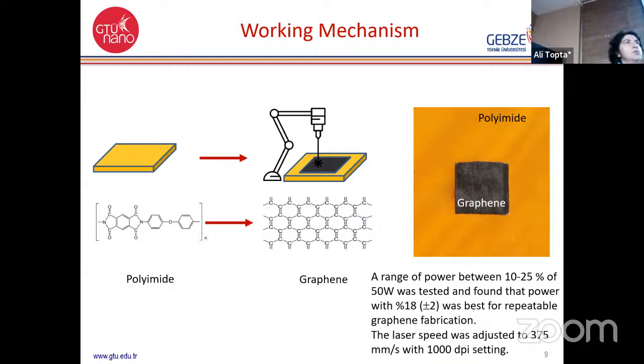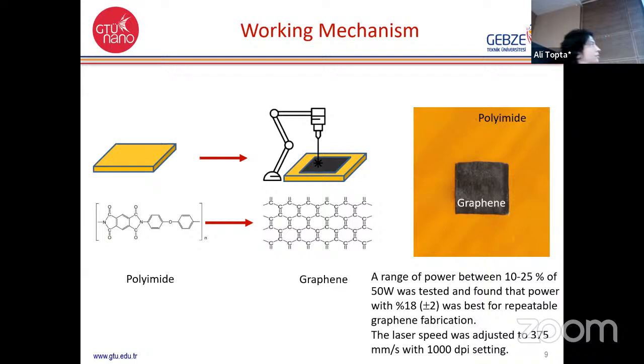There are two important parameters for laser-scribed graphene fabrication. One is the power of the laser. In our case, we use a 50-watt carbon dioxide laser, and we apply between 10 to 25 percent ranges to see where we can get the graphene.